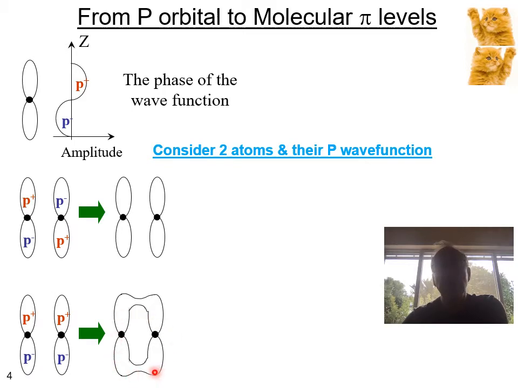So basically what we find is that for this form of the wave function, there is an extra negative charge in the middle, and we have this arrangement of plus minus plus, which we know is attractive.